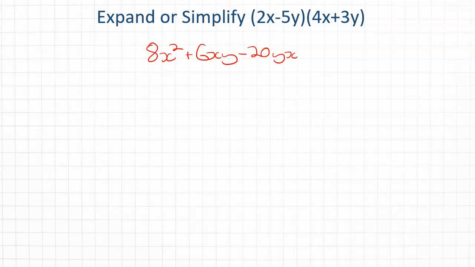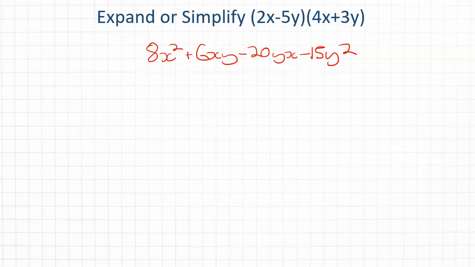The last terms are minus 5y and plus 3y. So minus 5 times 3 is minus 15, y times y is y squared, so this term comes to minus 15y squared. The final simplification we make is to the middle terms of the expression.